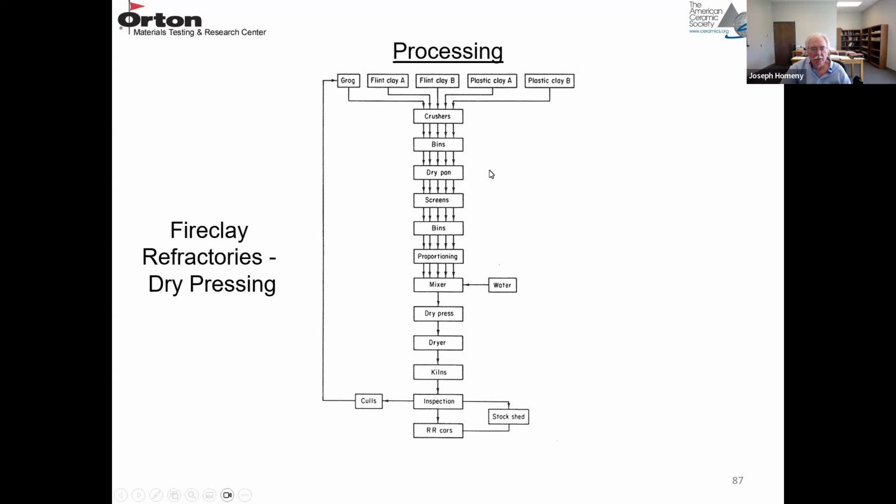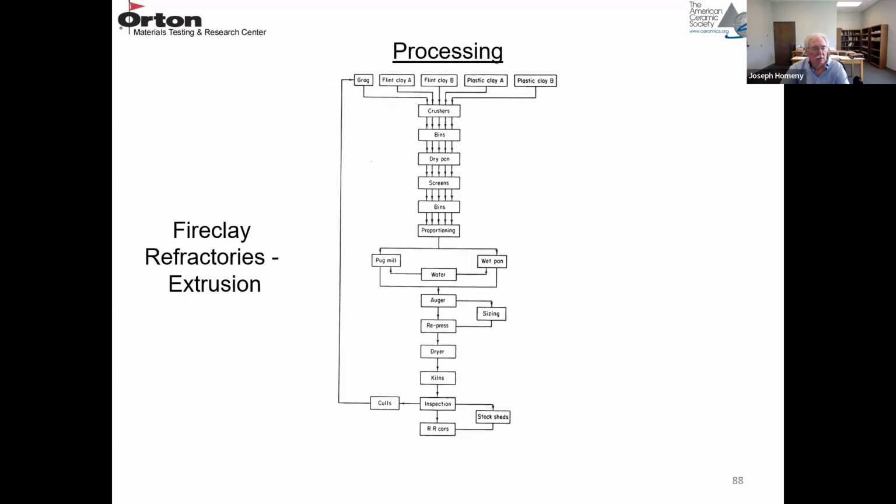Here's another crushing operation, and they go into bins, and then they're mixed in the right proportion in a mixer. The amount of water for dry pressing is added here. Then they're dry pressed, dried, and fired. There's an inspection. If they're rejected, they go back and are crushed into grog again. Basically, they're the pre-fired raw material.